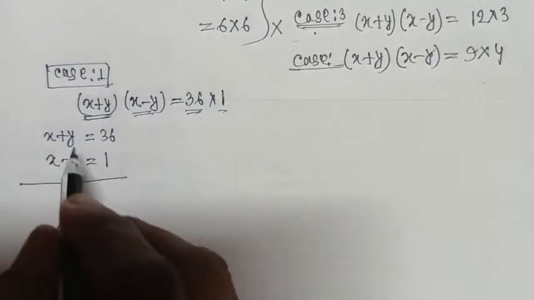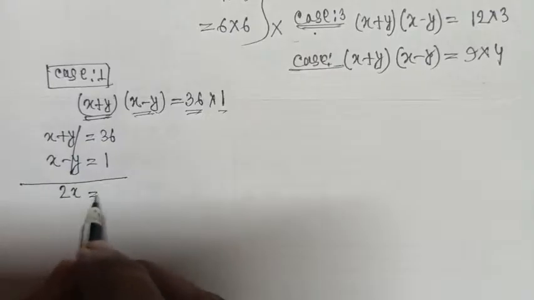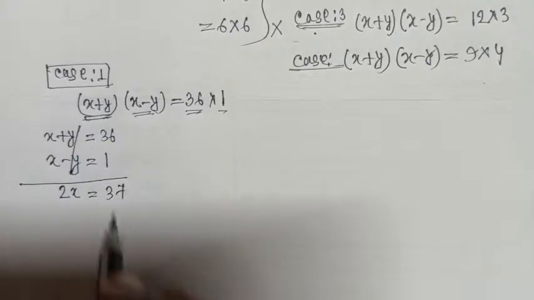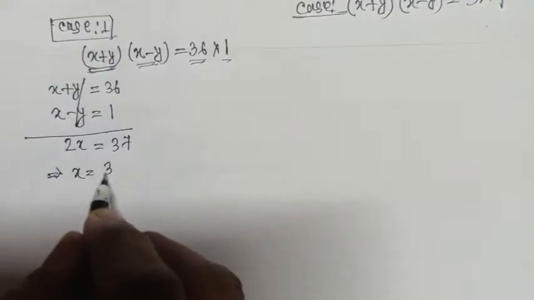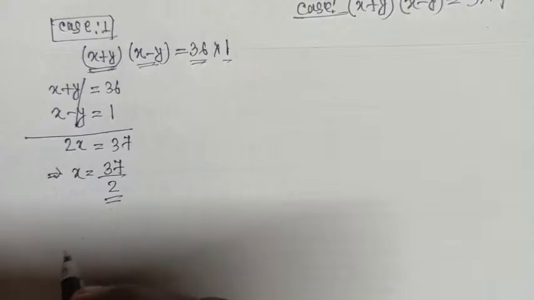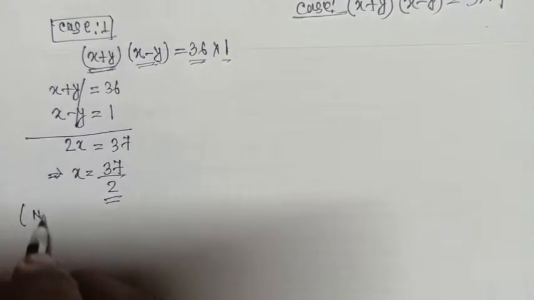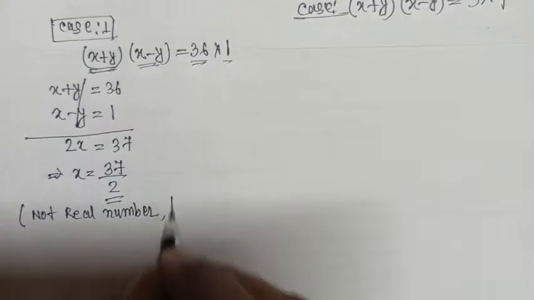Now if we add these, y will cancel out. We get 2x is equal to 37, then x equals 37 by 2. So this is a fractional number, not a real number, so it is rejected.